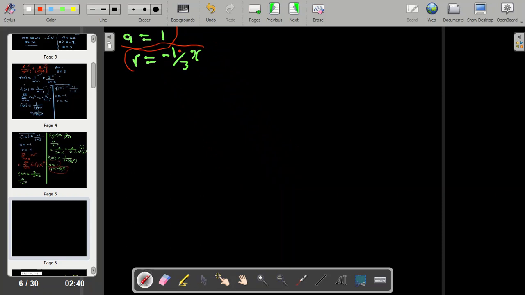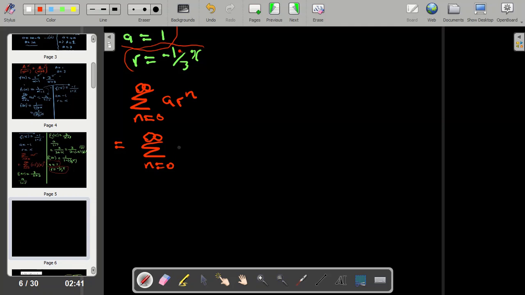We know that it's supposed to be in the form of the sum from n is equal to 0 to infinity of a r to the power n. Our a is 1, which we can show or not show, it's still okay.